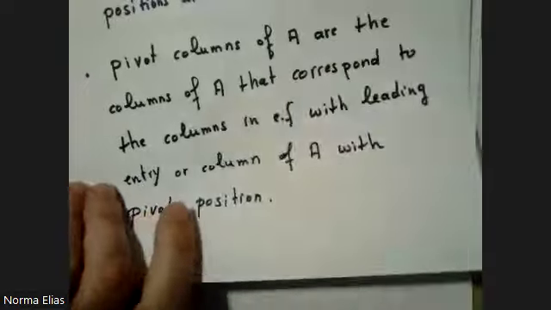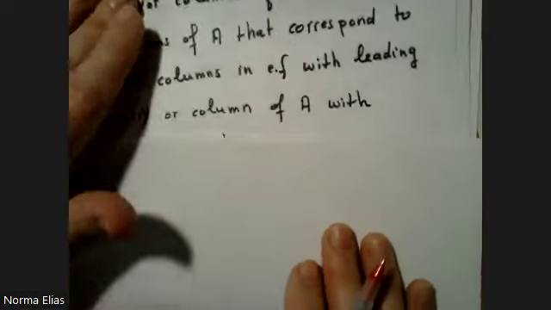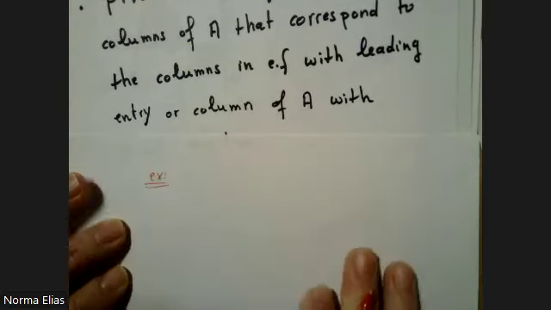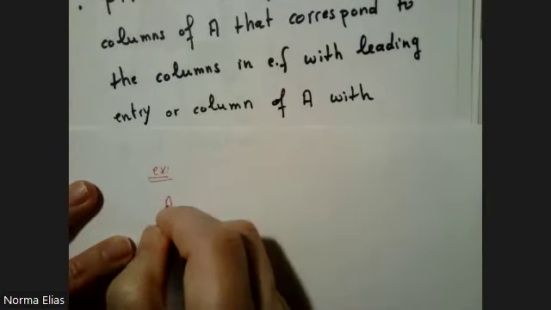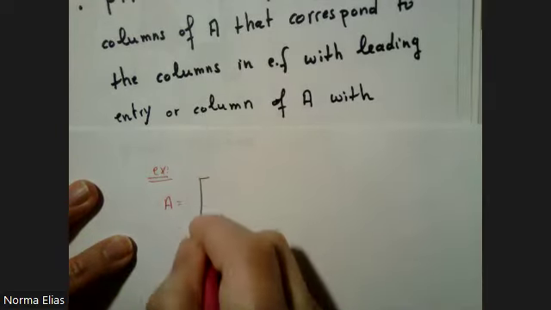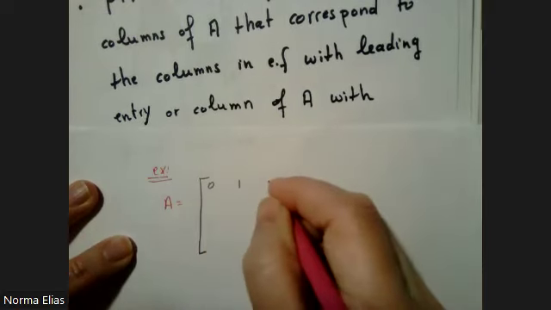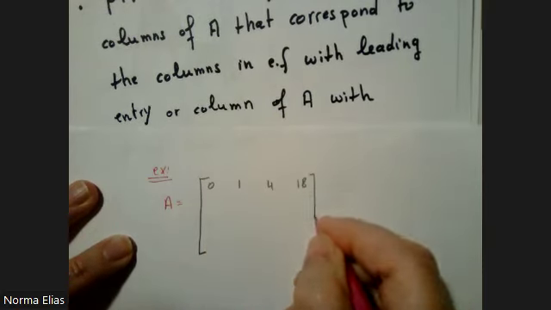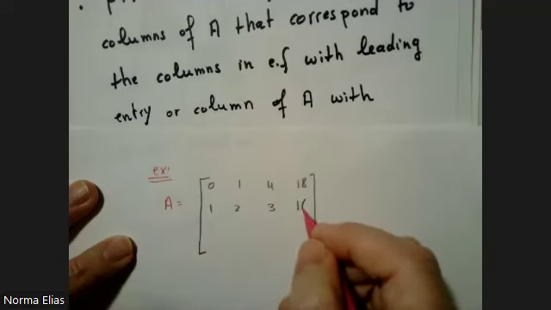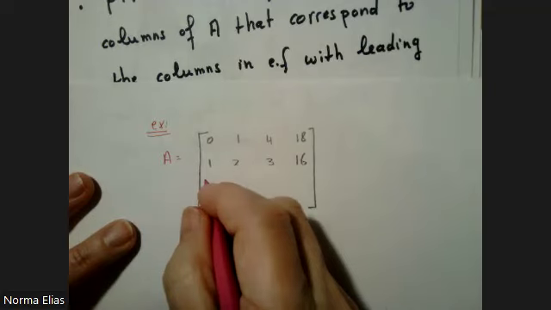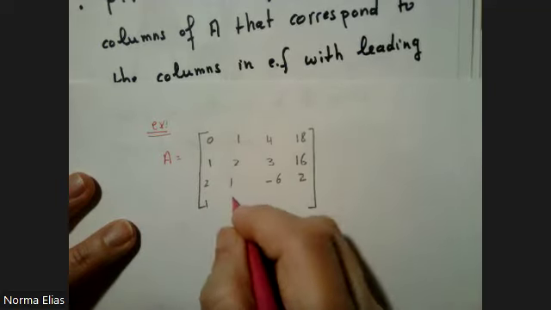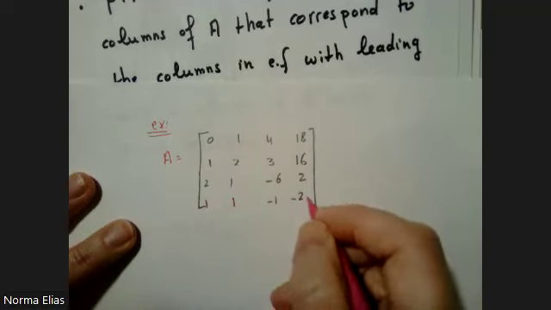So let me go back to the matrix we worked with. Let's explain this idea with an example. Suppose A is the following matrix, the one I worked with a minute ago: 0, 1, 4, 18; 1, 2, 3, 16; 2, 1, minus 6, 2; 1, 1, minus 1, minus 2.